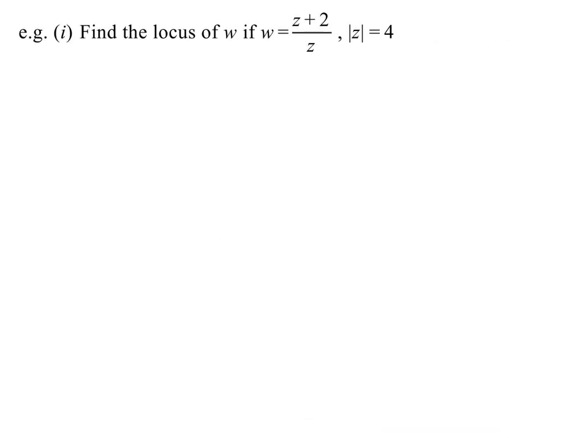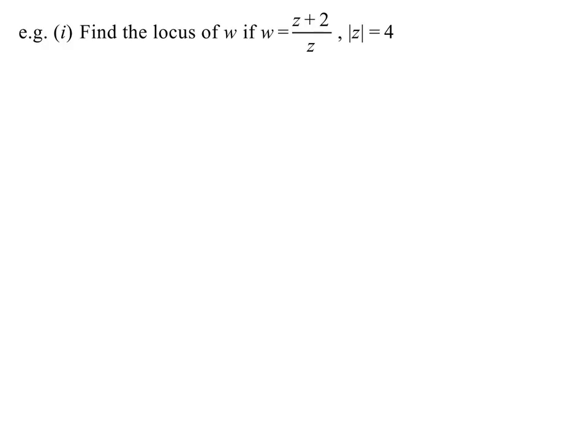All right, something like this. We want to know what w is going to turn out to be. Here's the function we're substituting in. We're going to substitute into z plus 2 on z, but now we're not saying, hey, we're only going to substitute real numbers in like we have been doing in the past. It could be any complex number that we're substituting in, and the answer could now be a complex number as well.